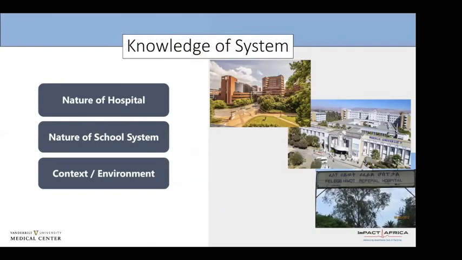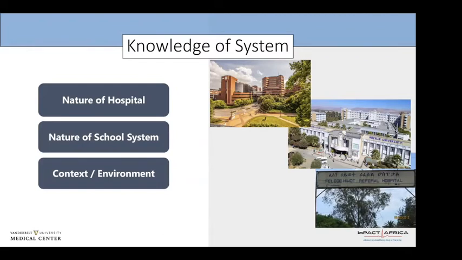So what do we mean by knowledge of system? Here is an example. I have 3 pictures here. I have a picture of Vanderbilt University, I have a picture of McAllen University, and I have a picture of Falaga Hiwat Referral Hospital. If I was going to give a lecture at Vanderbilt or McAllen University or Falaga Hiwat, I wouldn't give it the same way.